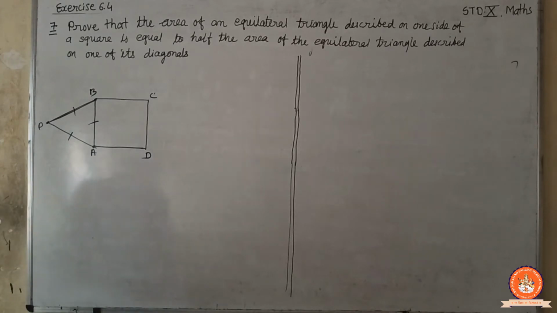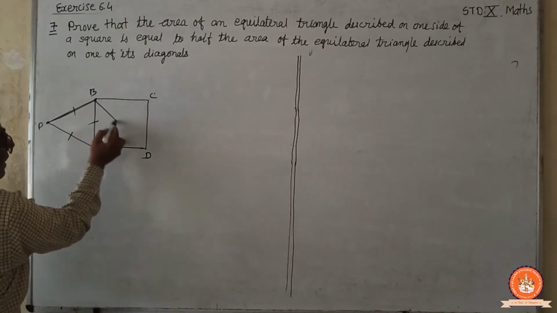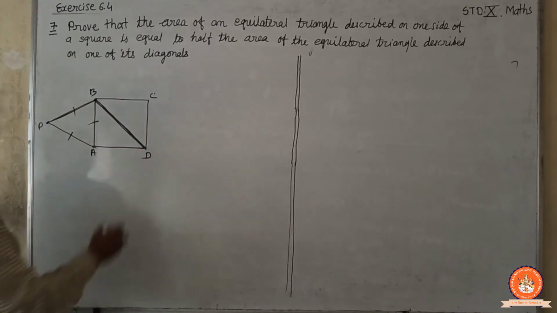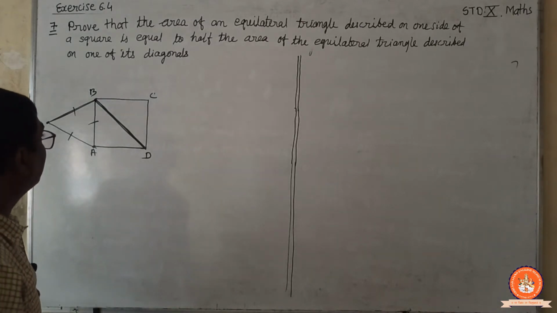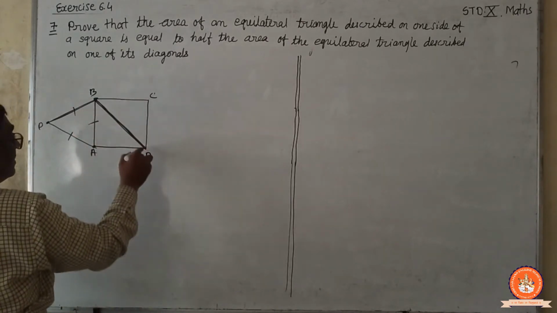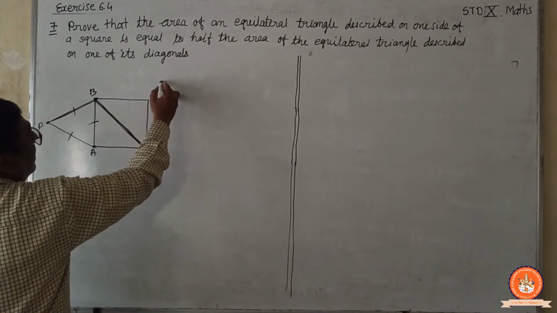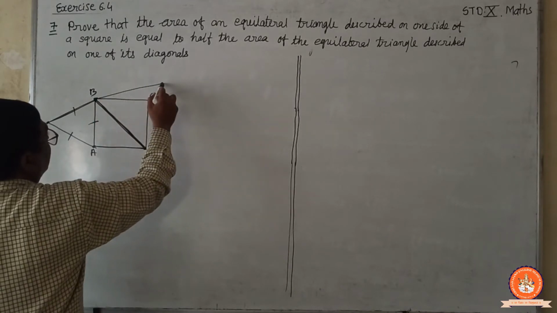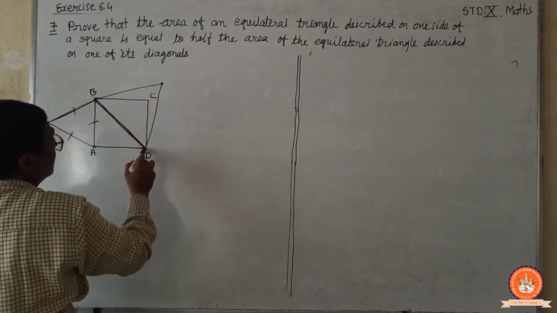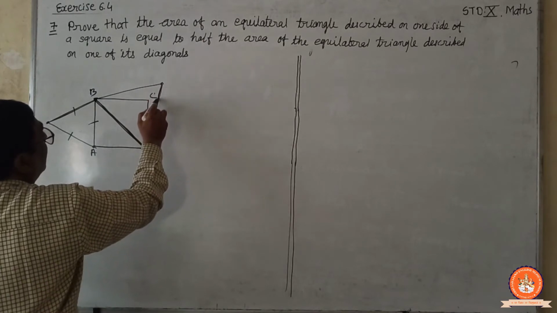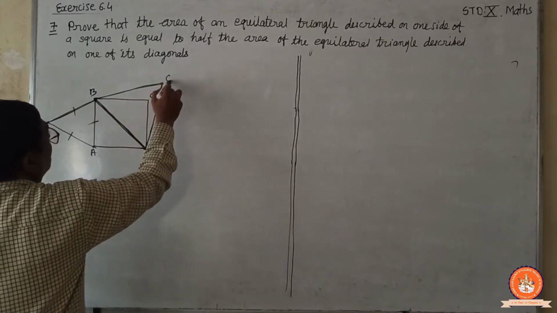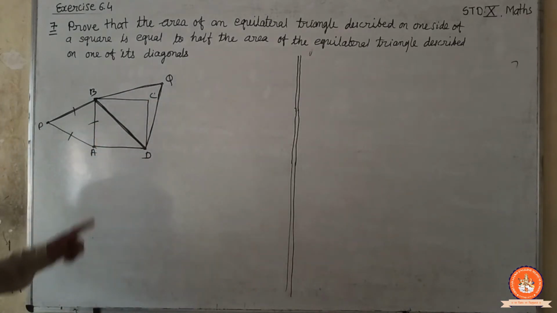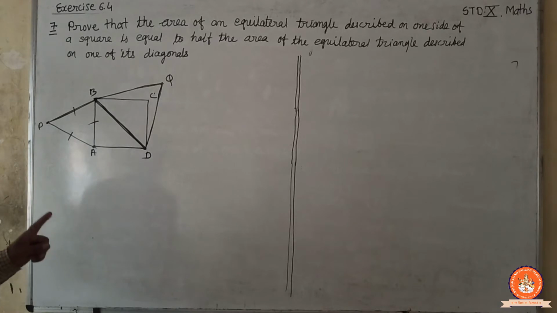Now we take one of its diagonals, BD, and on diagonal BD we describe an equilateral triangle. So considering B and D, if I take a third point here, then look at it, this is the equilateral triangle described on it, Q. So triangle BQD is described on the diagonal of the square.